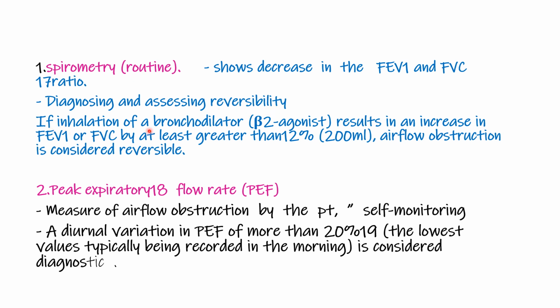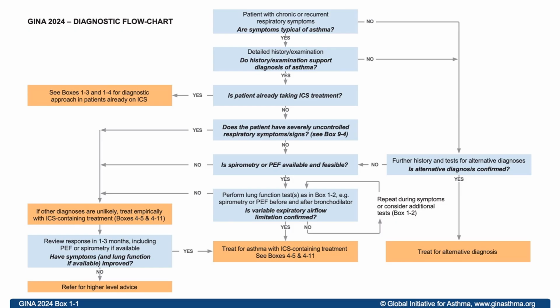So you give a bronchodilator, that is a beta-2 agonist. If it increases the FEV1 or FVC by greater than 12% or 200 ml, then the airflow is considered reversible. Then this is asthma. However, if it is not reversible, then we consider it as COPD. So this is a very good flow chart just to help us in diagnosing asthma.